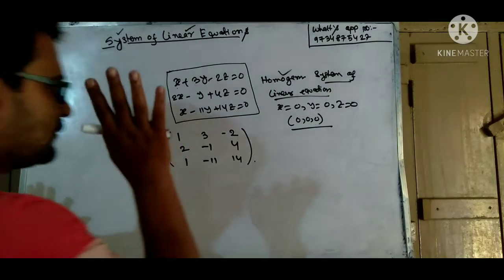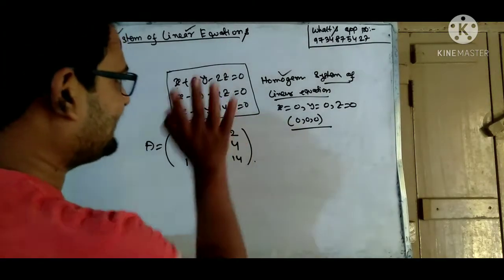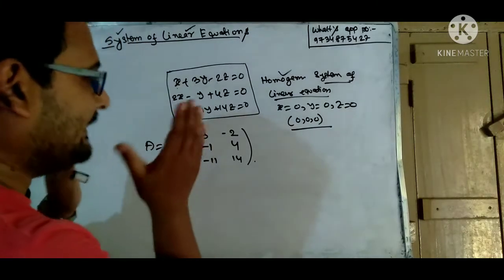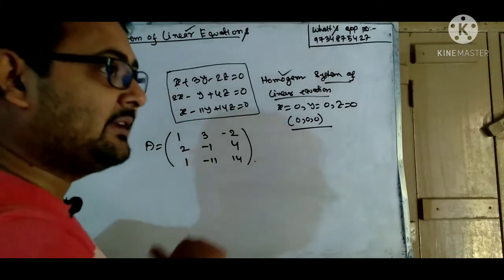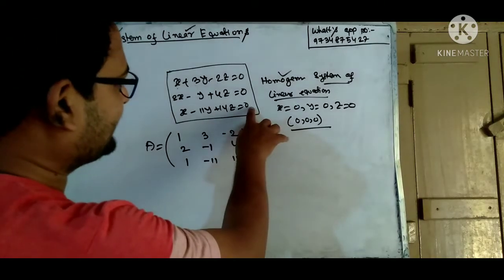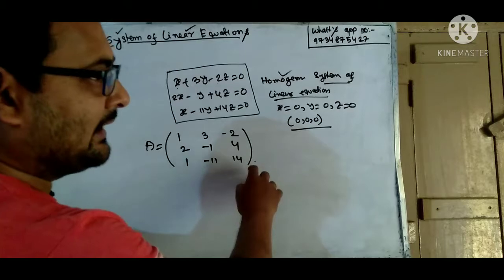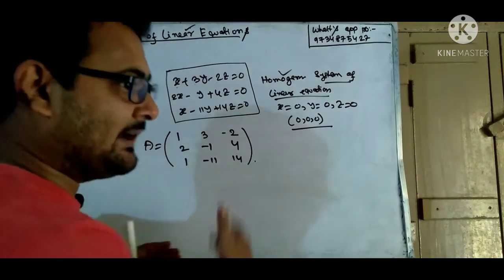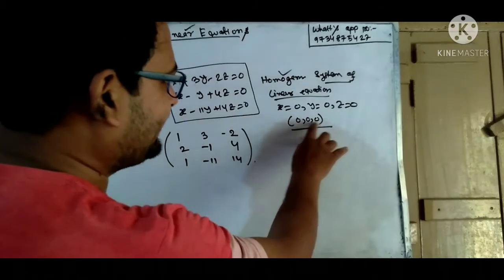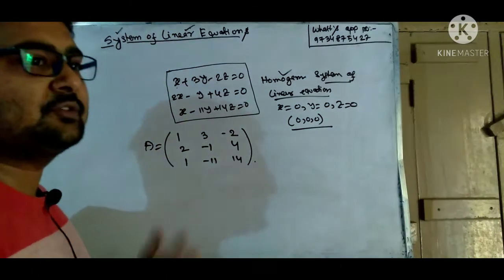So here the trivial solution is the obvious solution, but we will find out if there exists any non-trivial solution. Non-trivial means at least one of the components is non-zero.